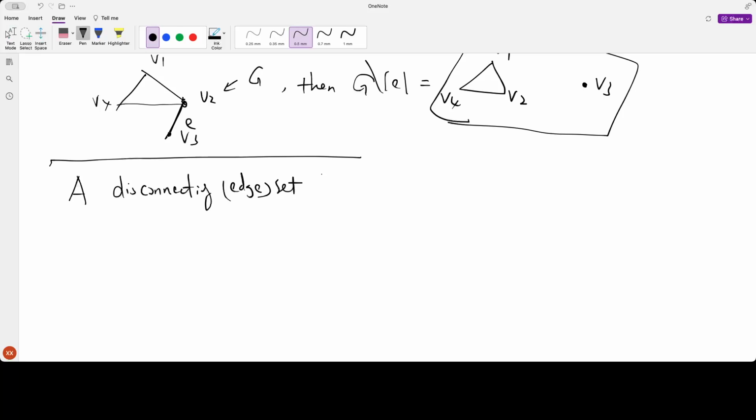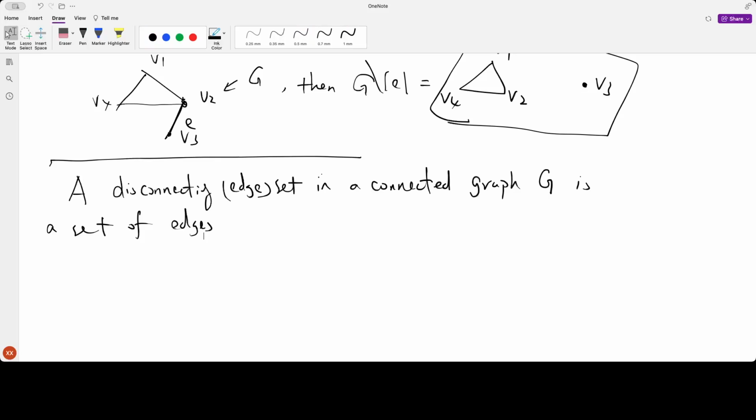More generally, in a connected graph, a disconnecting edge set is a set of edges whose removal will disconnect the graph.